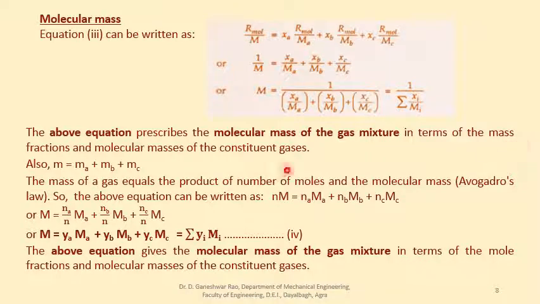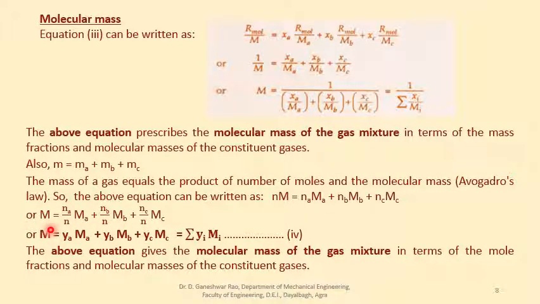Now this is in terms of mass fractions and molecular masses of constituent gases. You can find out in terms of mole fractions and molecular mass also. From this equation, that is M = MA + MB + MC, you can replace mass by number of moles multiplied by molecular mass: N M for the mixture, and for components, NAMA, NBMB, NCMC, right?